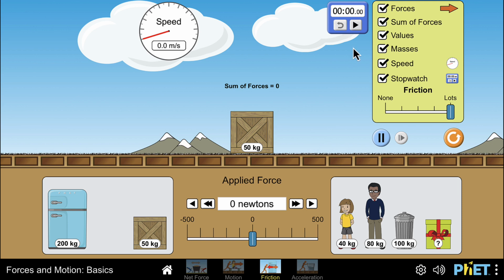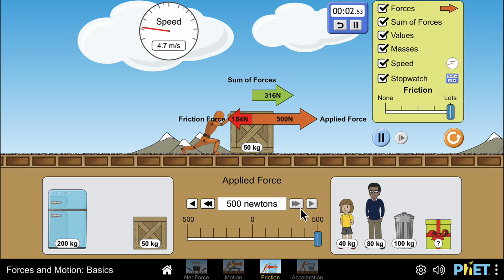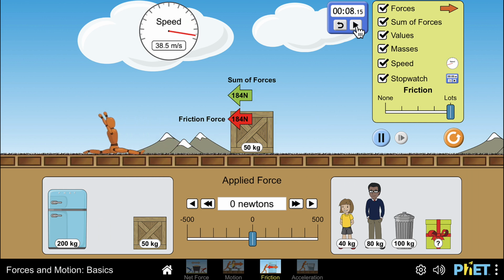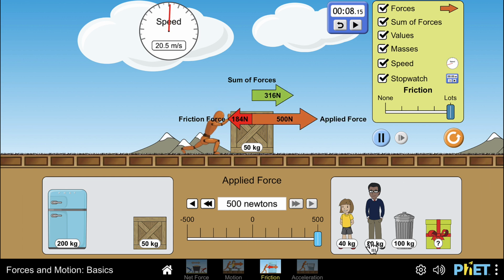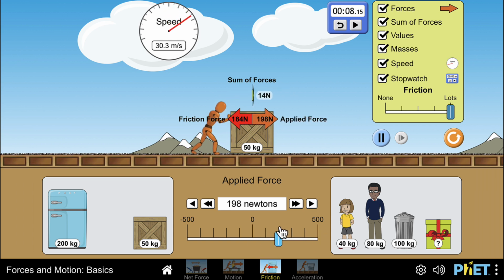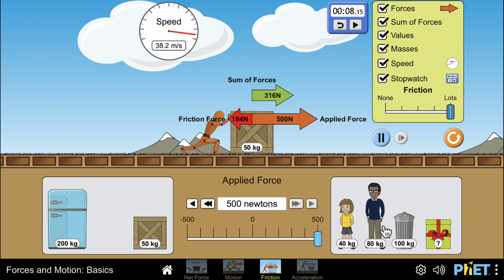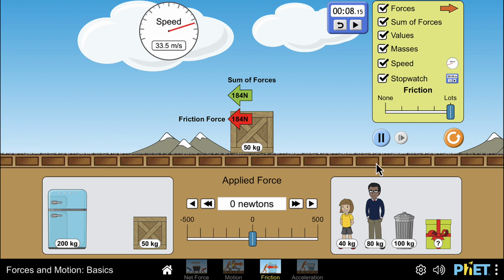Let's see. 3, 2, 1, go. Already passed 5. 8 seconds. 8 seconds, because with friction it wasn't actually 500, it was 316. That's the net force, and that's what's going to affect your acceleration.